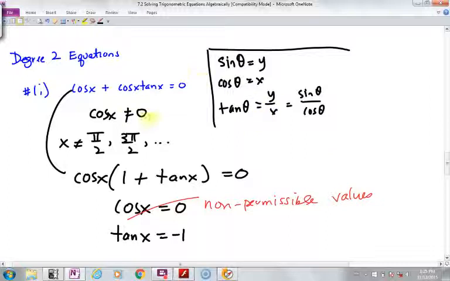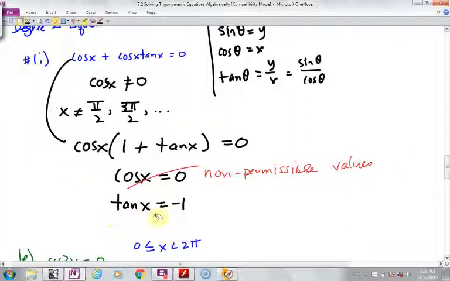Otherwise, you go to a whole lot of work and you get the answer wrong, which would be terrible. But we do know where tan x equals -1. Where does tan x equal -1? Pi by 4, 3 pi by 4, and 7 pi by 4.